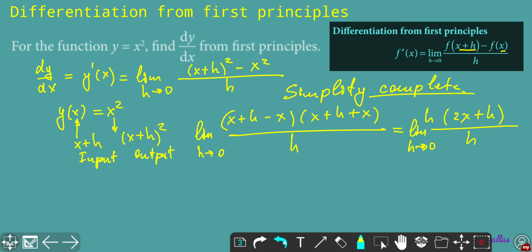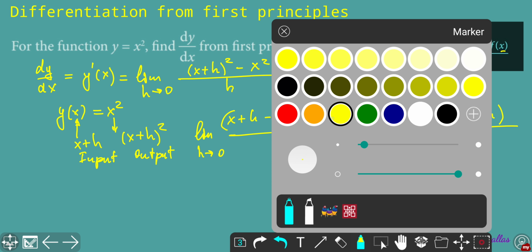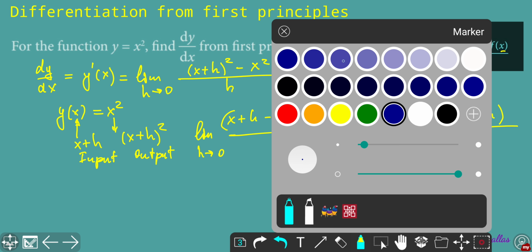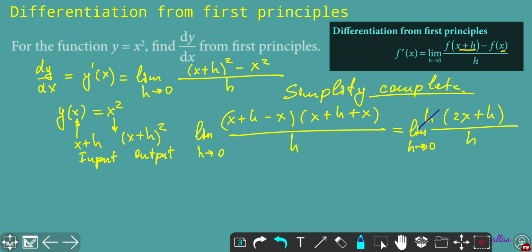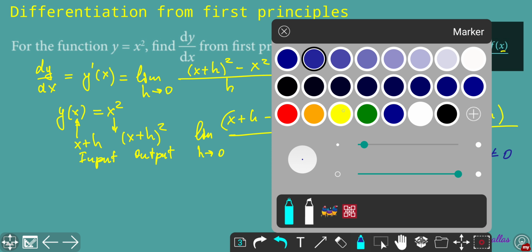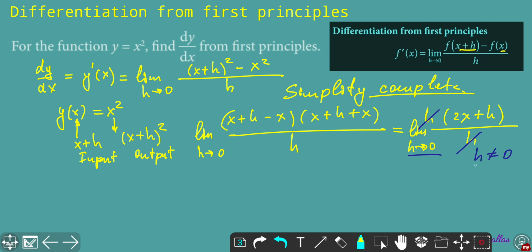Now we can cancel the h here and here. You ask me why? Because h is not 0. h tends to 0, but h is not 0, so you can freely cancel. That's the difference between plugging in h equals 0 and taking the limit: h is very, very close to 0.